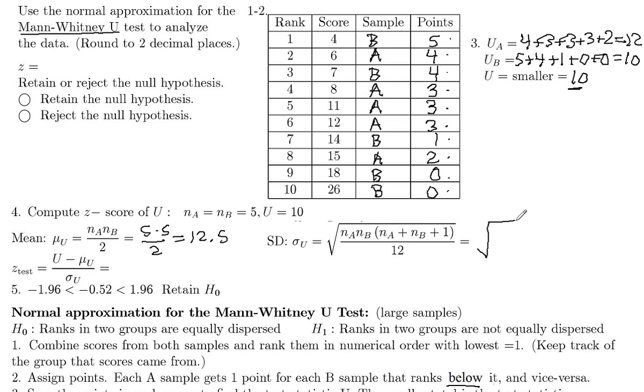For the standard deviation, this is going to be the square root of 5 times 5, times 5 plus 5 plus 1, so 10 plus 1, 11. So 5 times 5 times 11, divided by 12. And if we pop that in the calculator, we get 4.787.